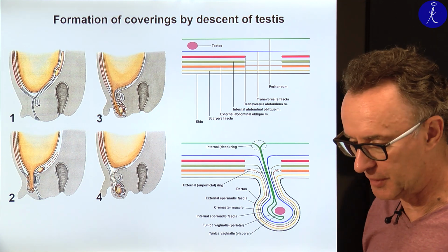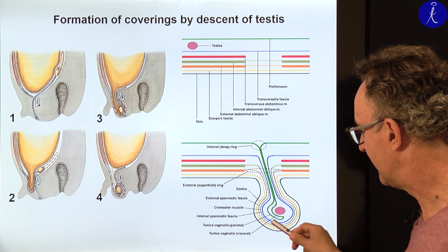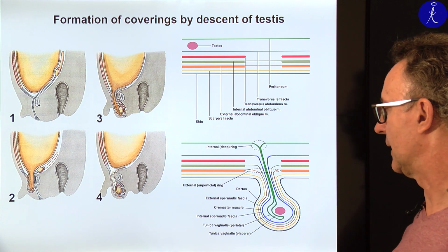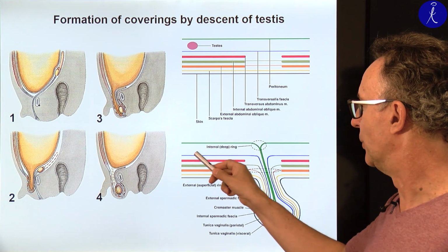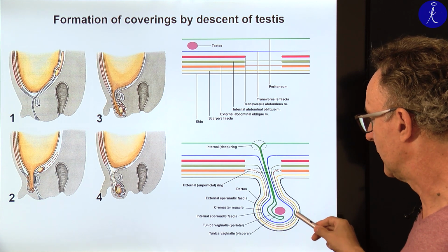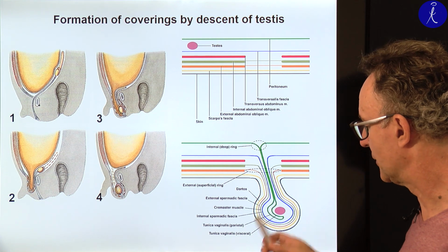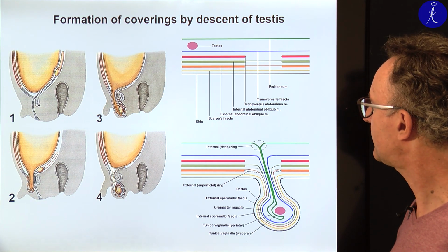If you remember, they originate partly from the lateral part of the inguinal ligament, and that's why we may find a muscle around this, the cremaster muscle. Then the blue is the transverse fascia, which forms another fascia around the testis. That is also a part of the coverings.